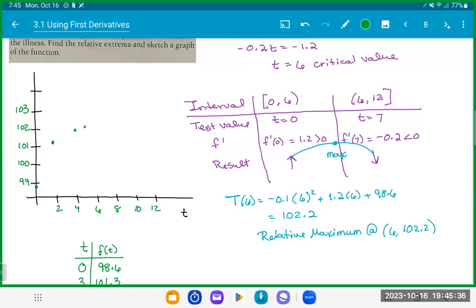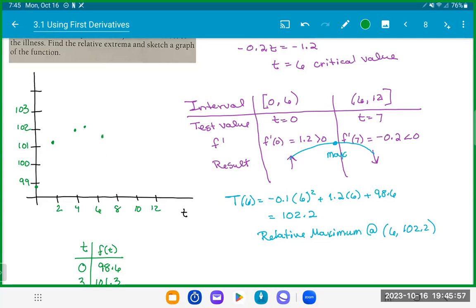Now we're going to start our drop back down. We've reached the peak of our illness, and now we're going to start coming back down. If we look at 8, we're at 101.2, so we're not quite up at 102.